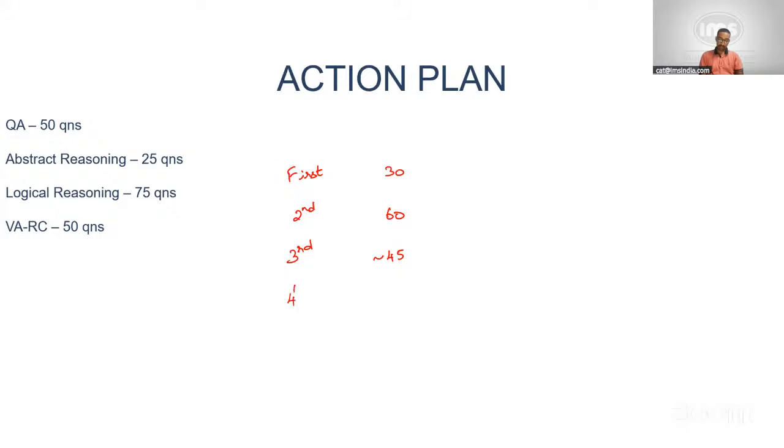And the last or the fourth phase, which will be around 15 or a maximum of 20 minutes. So this is the time you need to take in minutes for each of the phases. So my recommendation is make it four phases, the first, second, third, and fourth, adding up to 150 minutes totally. That's 2.5 hours at a stretch with 30, 60, 45, and 15.